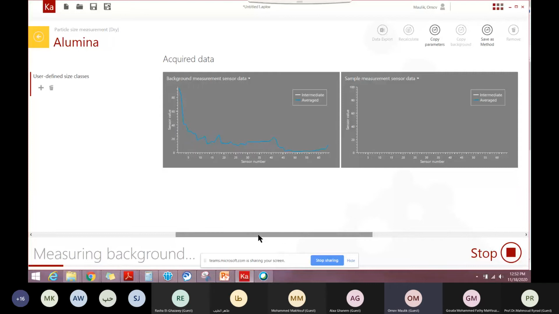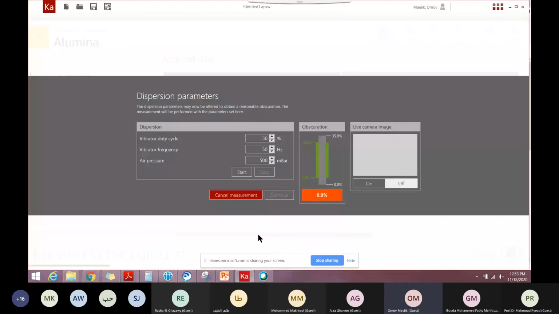So this is somewhat like a destructive technique. Whatever particles you are measuring, you cannot reuse. Now I will start the vibration, and you will see that the obscuration is rising.